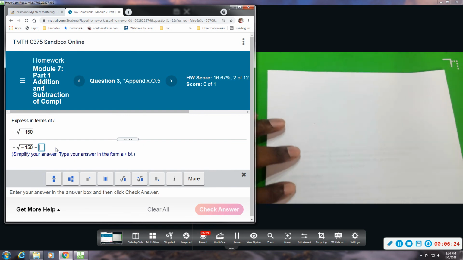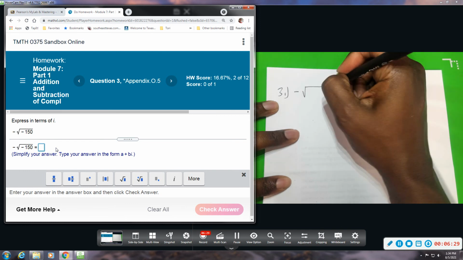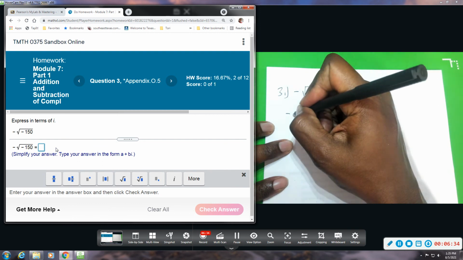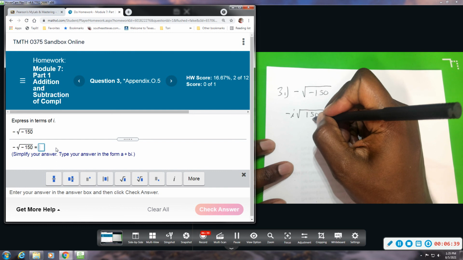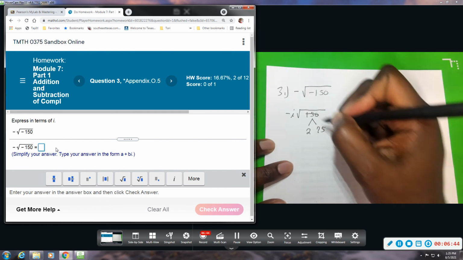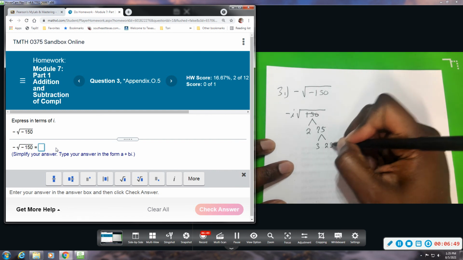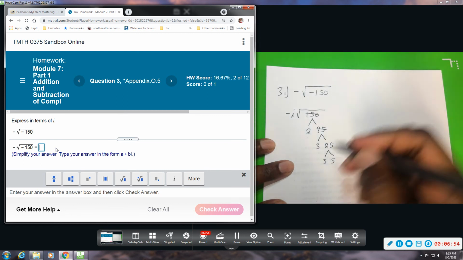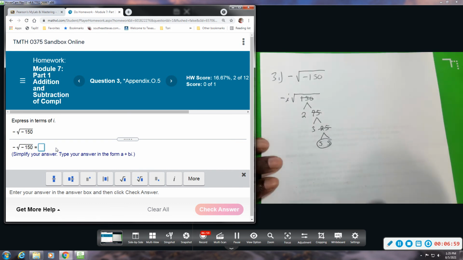So I'm going to do the same thing. I'm going to go a little bit faster this time. So negative square root of negative 150. So I'm going to have a negative i, 150. I can divide this by 2 and 75. 75, I can do 3 and 25, and 25, 5 times 5. So again, we still pull out a 5, okay, but this time we have two numbers left, 2 and 3.